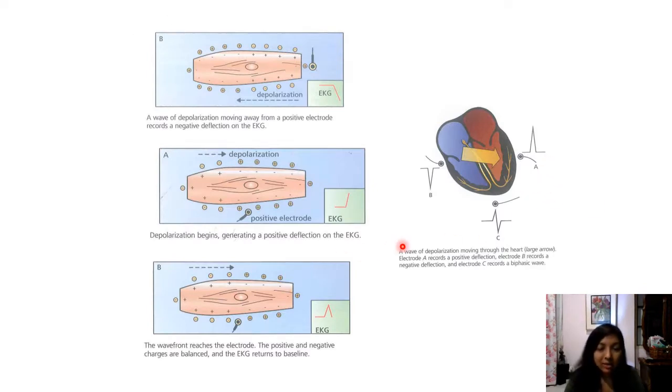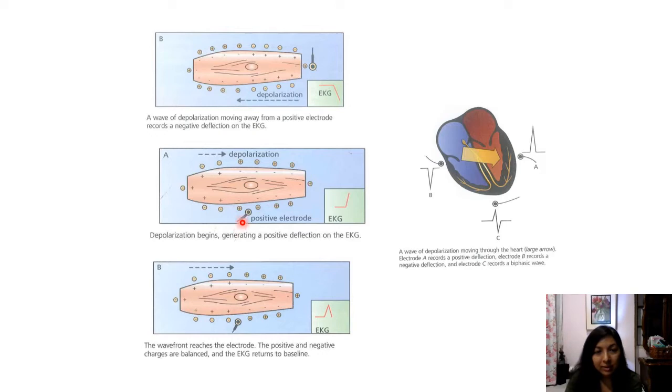Another key concept to keep in mind when you're interpreting an ECG is to be aware of how the different leads you have placed on the patient will record a wave of depolarization with respect to the direction that wave is moving. If this is your ECG lead, and you have a wave of depolarization that moves away from the lead, when you record that tracing on your ECG paper, it will show a downward deflection.